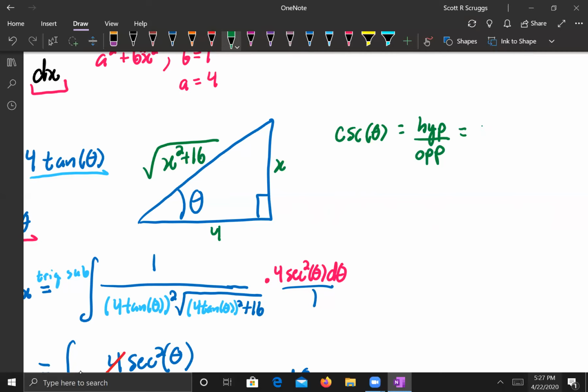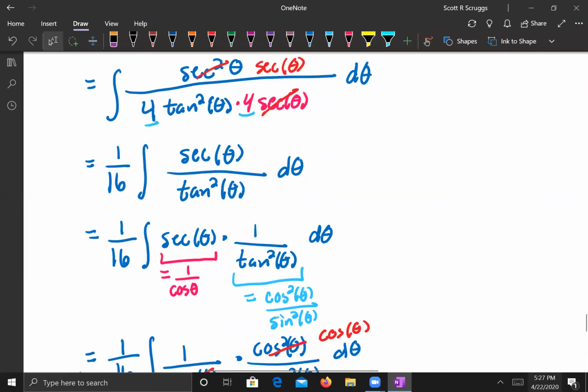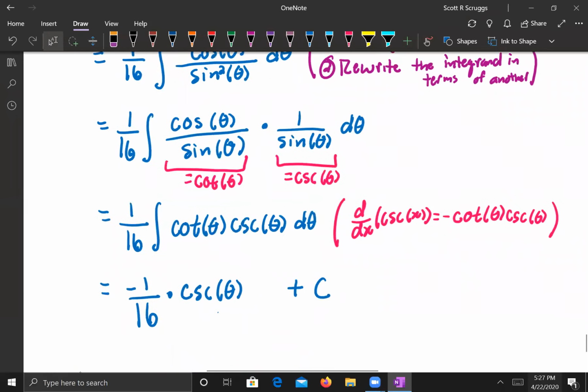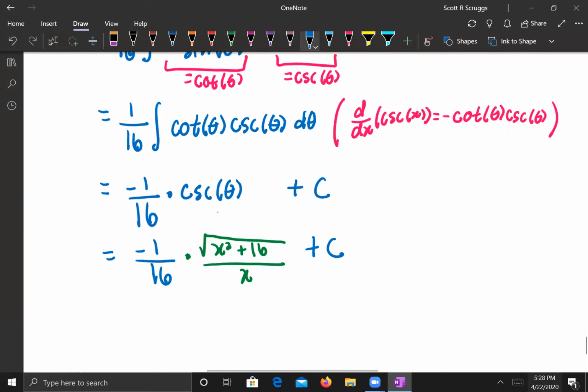My hypotenuse for this triangle is the square root of x squared plus 16, and my opposite is x, which means for my final answer for that integral, I'm going to now replace the cosecant back in terms of the original variable x, which we concluded to be the square root of x squared plus 16 divided by x, and include the plus c.